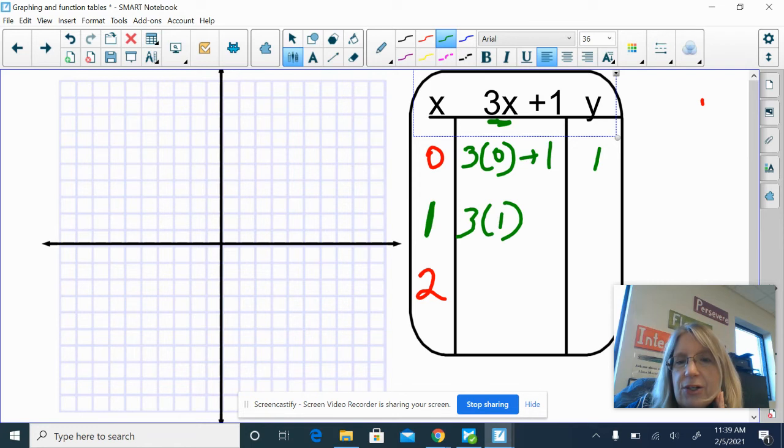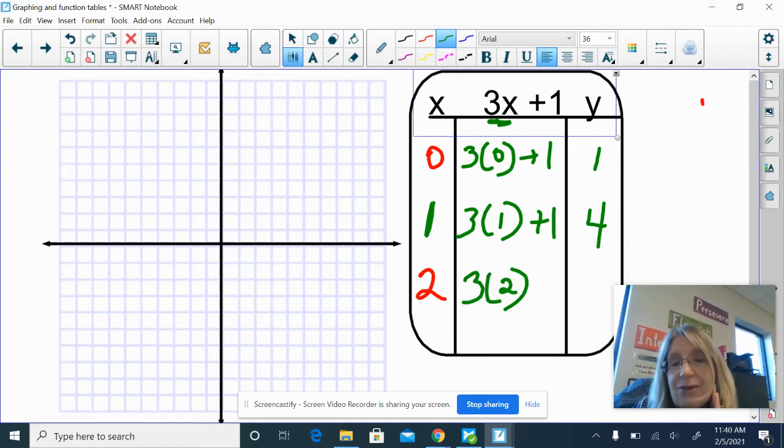So like $3 for 1 hour plus a $1 tip. 3 times 1 is 3 plus $1 is 4. Next one, I pull this 2 and put it in for X. 3 times 2 is 6, so like 2 hours. $3 per hour for 2 hours is 6, plus a $1 tip would be 7.